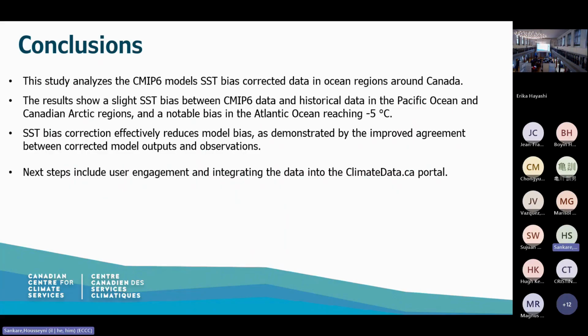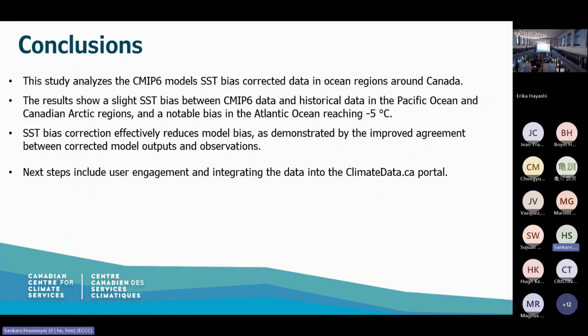The results show a slight SST bias between the model and the historical ocean data in the Pacific Ocean and the Canadian Arctic region, and a notable bias in the Atlantic Ocean, sometimes reaching -5 degrees C. But the bias correction effectively reduces the model bias, as demonstrated by the improved agreement between the corrected model output and the ocean observations.